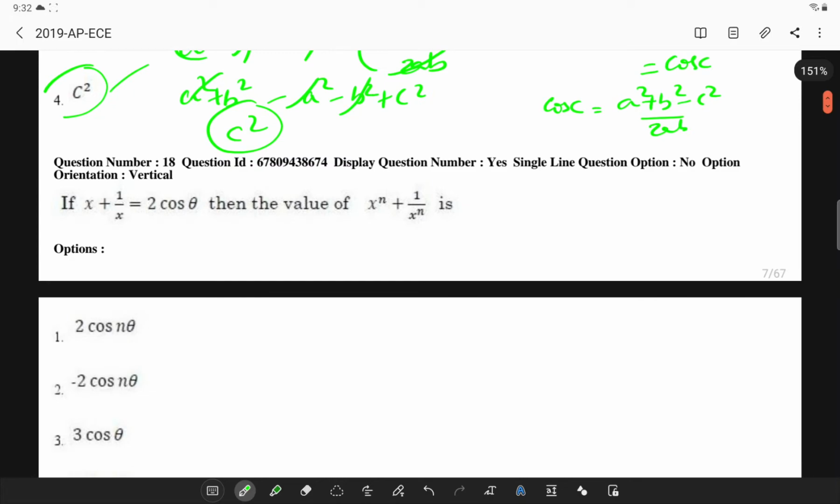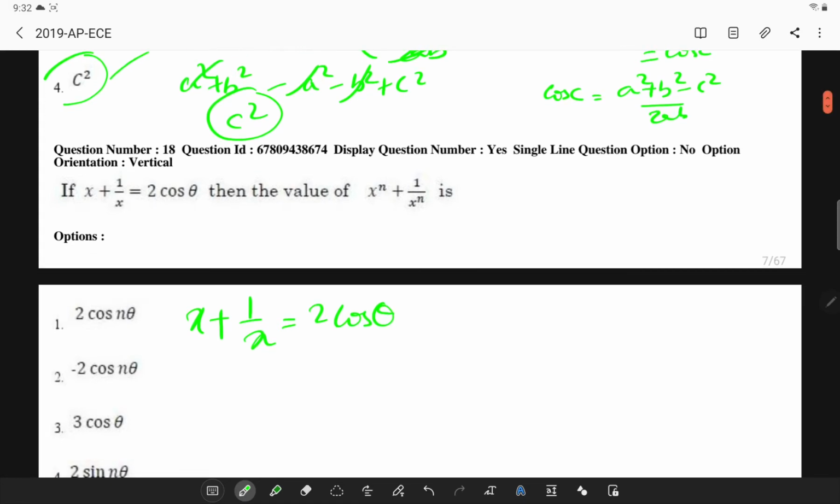Next, here I have x plus 1 by x is equal to 2 cos theta. If I square it on both sides, I will be left with x square plus 1 by x square plus 2 into x into 1 by x is equal to 4 cos square theta.